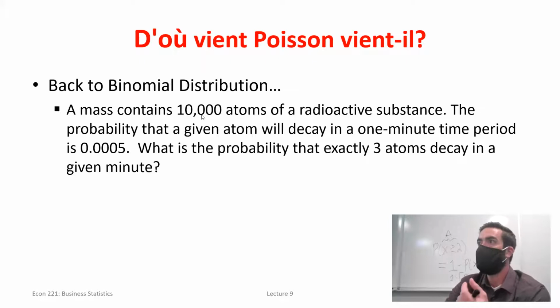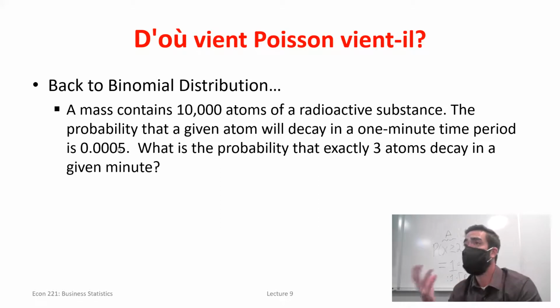Seeing an atom decay is a success, not decaying is a failure, and we have 10,000 atoms, so there is a capped number of atoms we could see decay. So I could set this up as a binomial: probability of success 0.0005, n of 10,000, and I want the probability that exactly 3 decay.